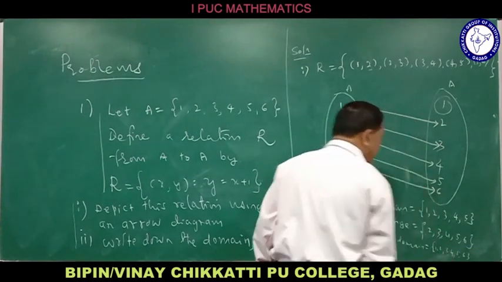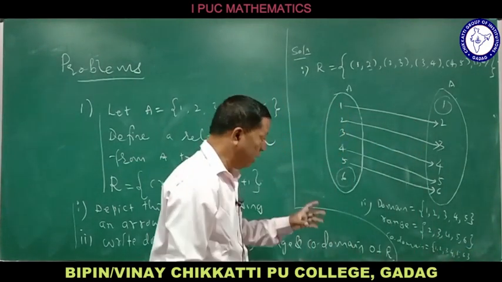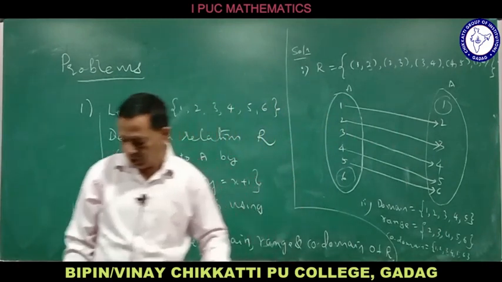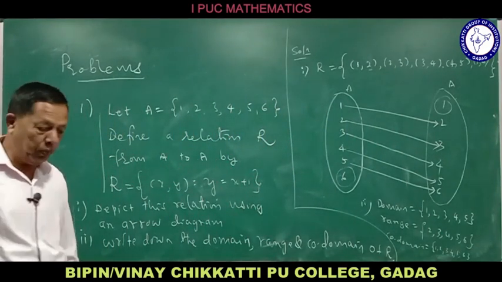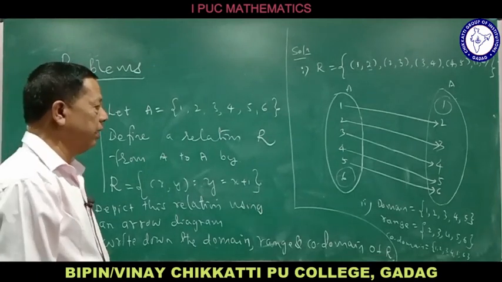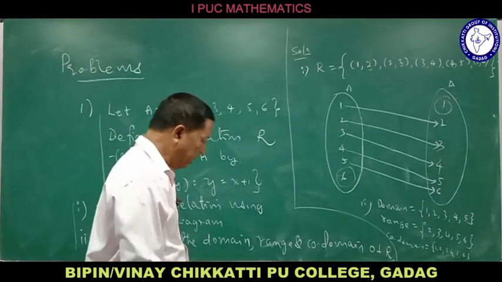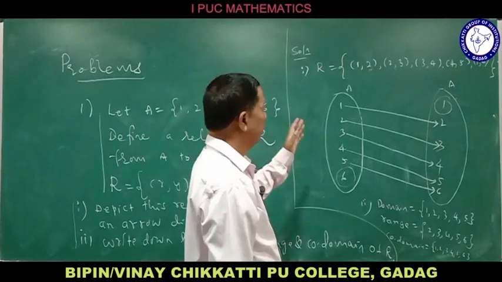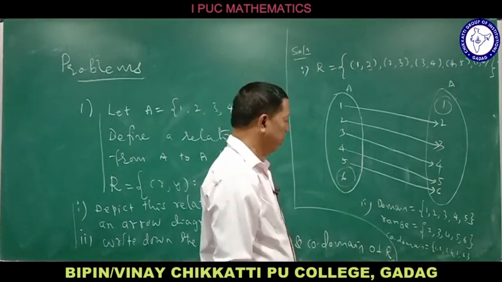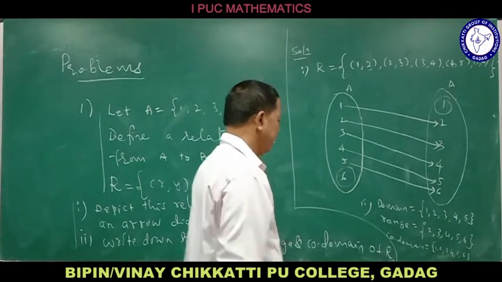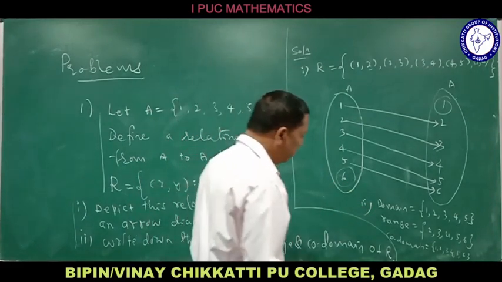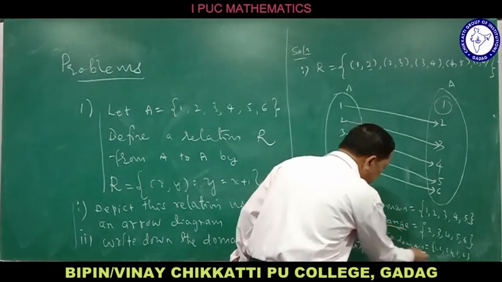I hope you understood that domain is also a set, range is also a set, codomain is also a set, and particularly how we write this domain, range, codomain. See once again how an arrow diagram is shown and how to write the domain, range of the relation R. And particularly you can see range is a subset of codomain.